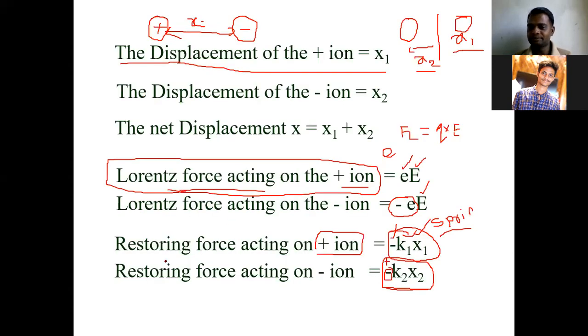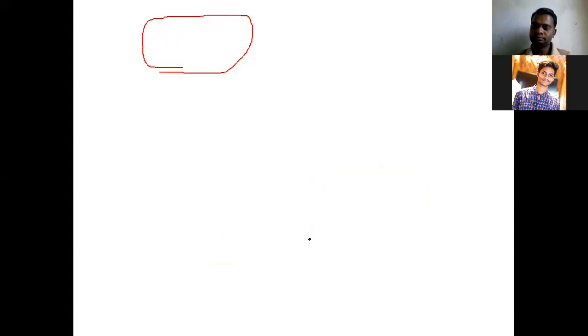The Lorentz force and the restoring force. The Lorentz force is equal to the restoring force at equilibrium condition. Now we can compare. You can equate these two. I will get another.